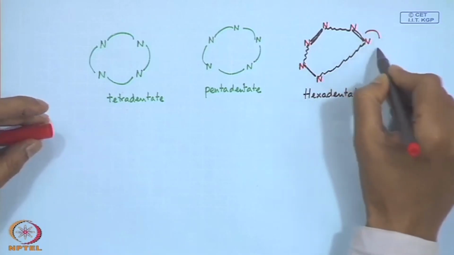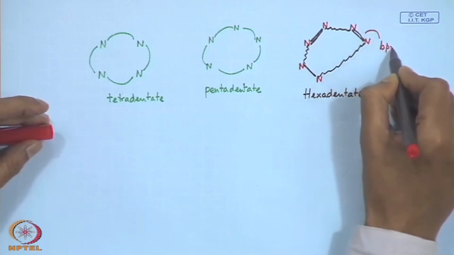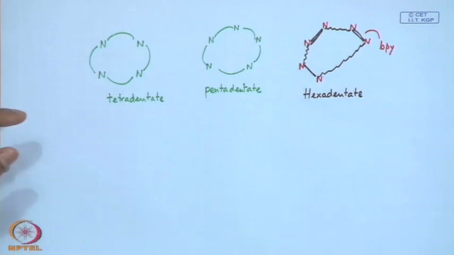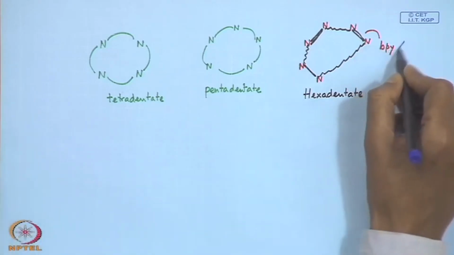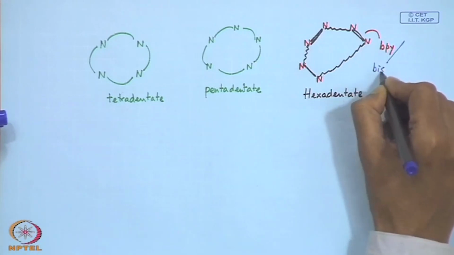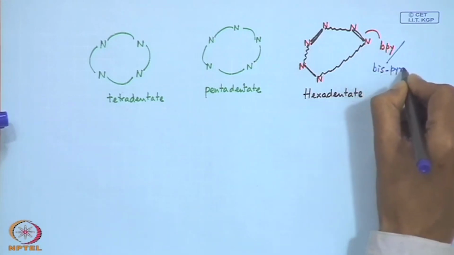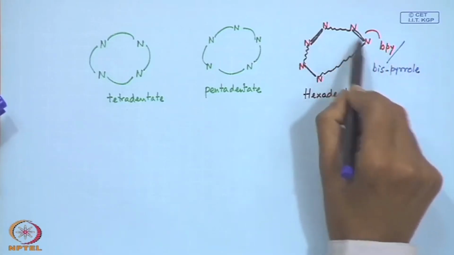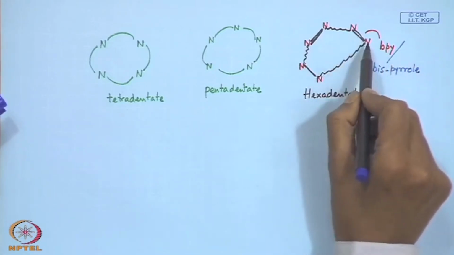So it can be a BPY type of rigid molecule fixed over there, or it can be a bispyrrole type of unit, such that we can have two adjacent nitrogens.